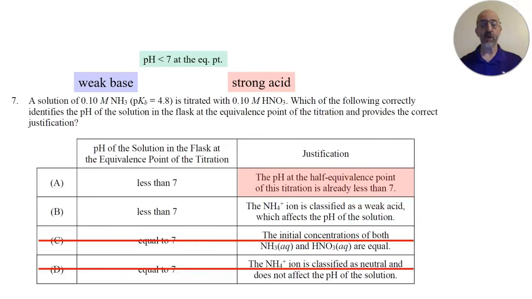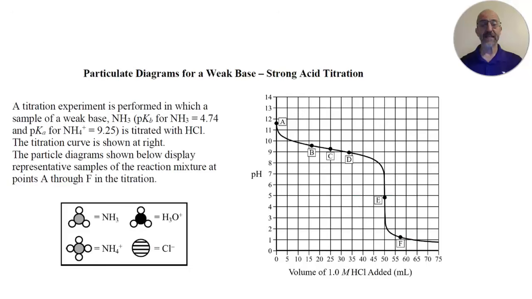So what I'm going to show you on this next slide actually is a diagram from another one of my videos. From my YouTube playlist that is organized by AP Chemistry CED units, there is a video for topics 8.4 and 8.5. And at the end of that video, I do a series of particulate diagrams for various titrations, and one of them is a weak base, strong acid titration.